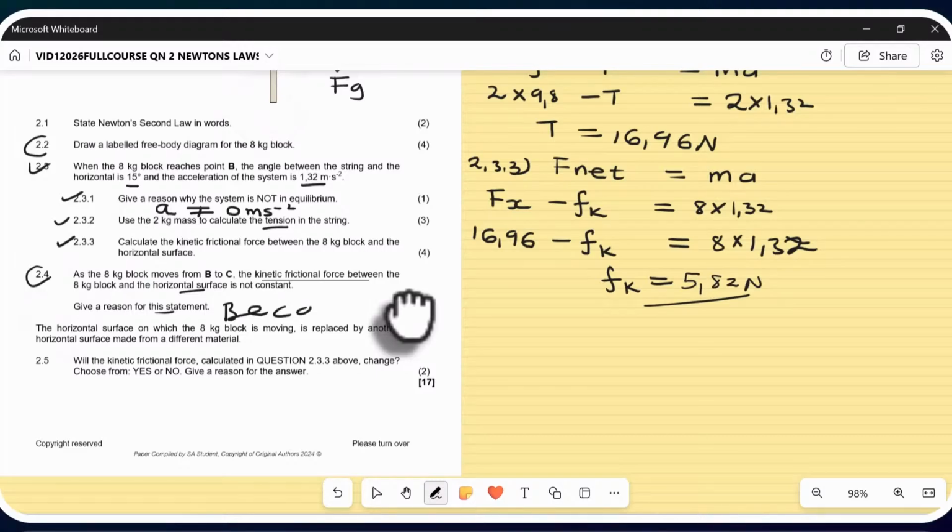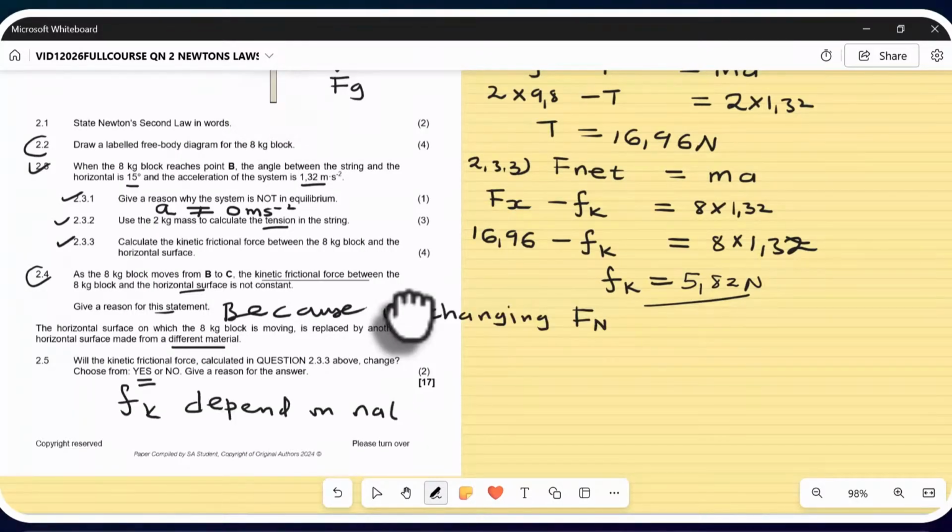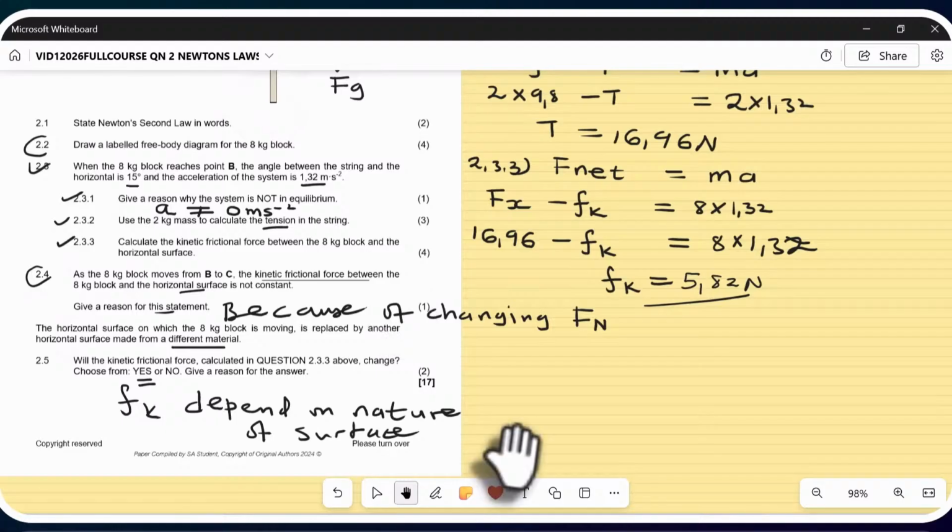The surface on which the 8 kg block. That is February, March 2018, question 2. It says, resting on a rough horizontal surface are connected by a light inextensible string. The boxes have masses 5 kg and 2 kg respectively.